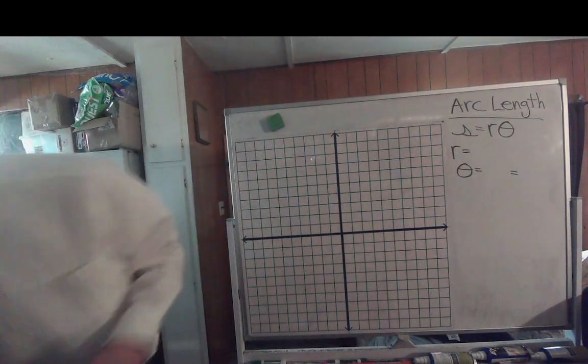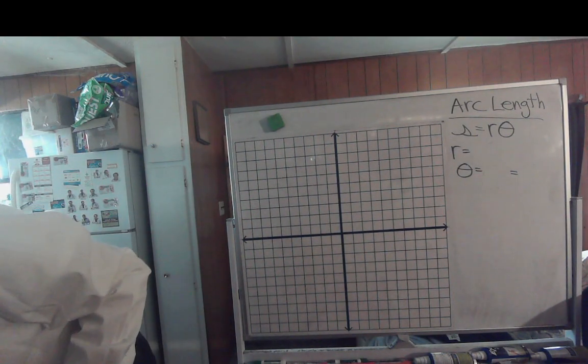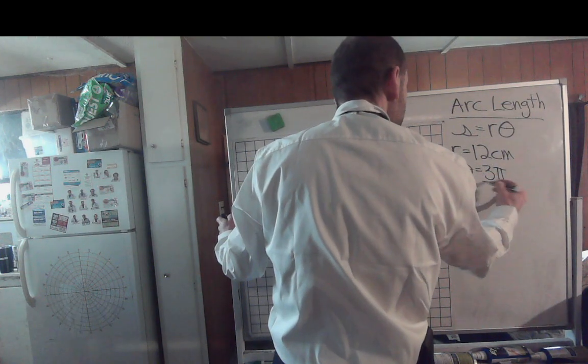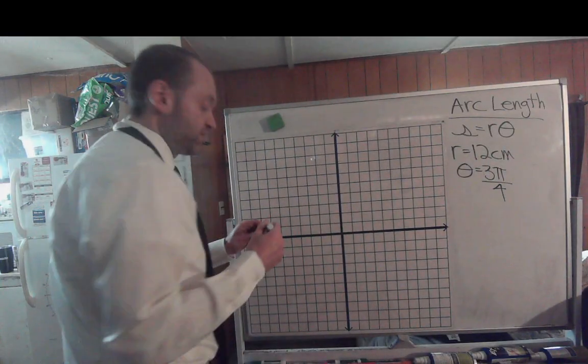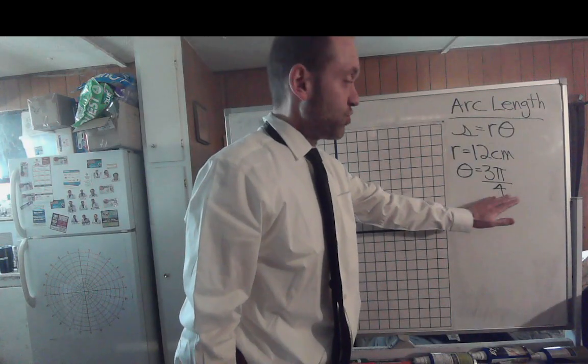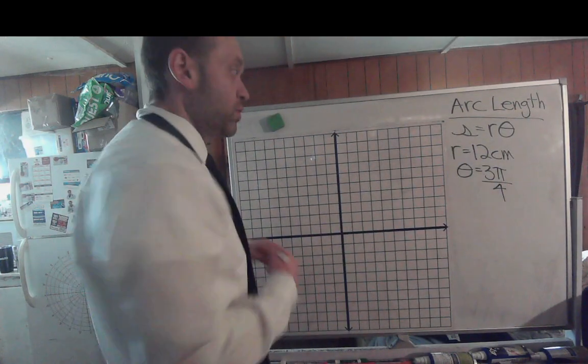All right. Let's do a radius of 12 centimeters. This time they give you the measure in radians. The radius of this section of the circle is 12 centimeters. The central angle is 3 pi over 4 radians.